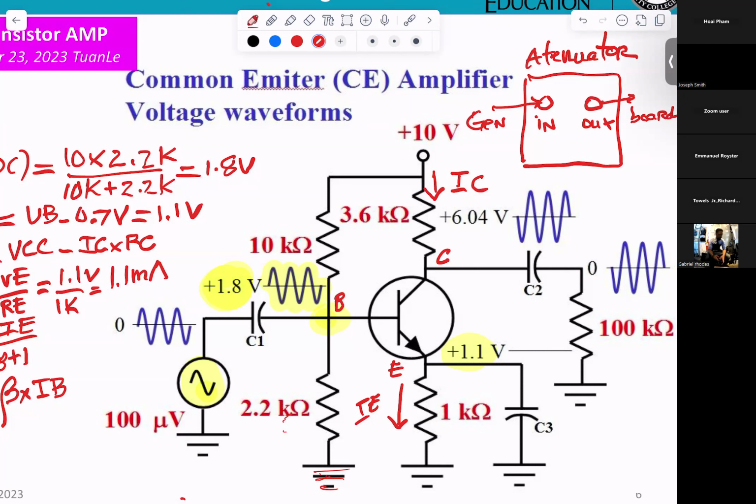Then you can adjust the attenuator to the voltage you want. The thing is, when they build the lab board, they already prepare that, okay?